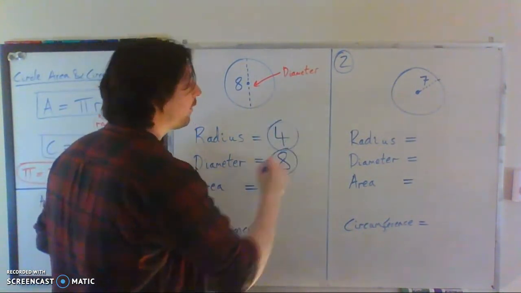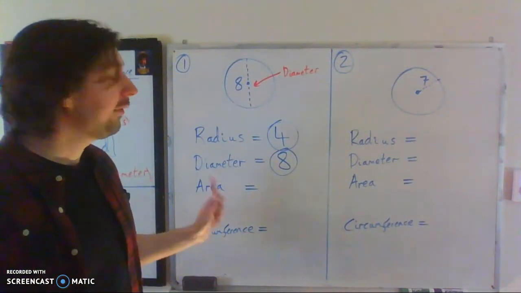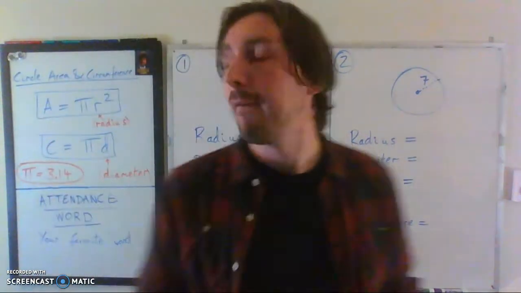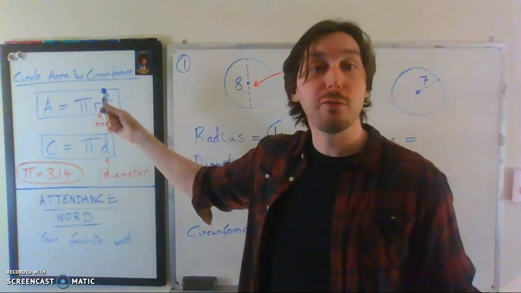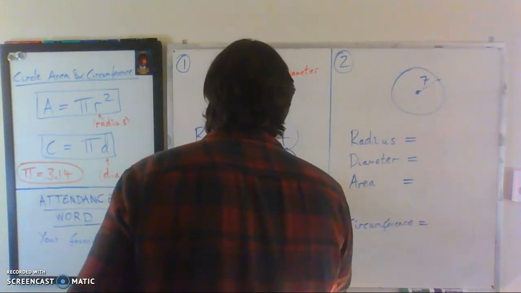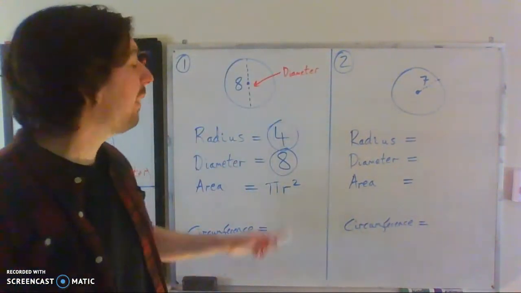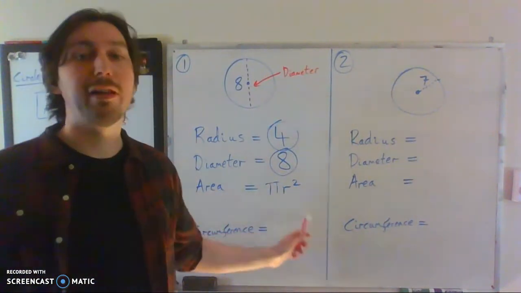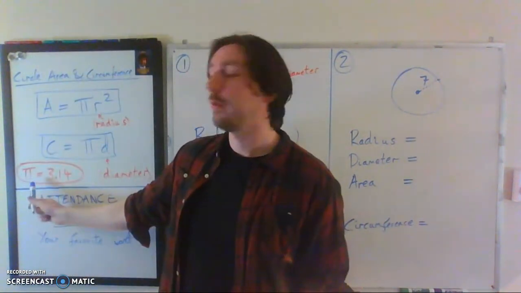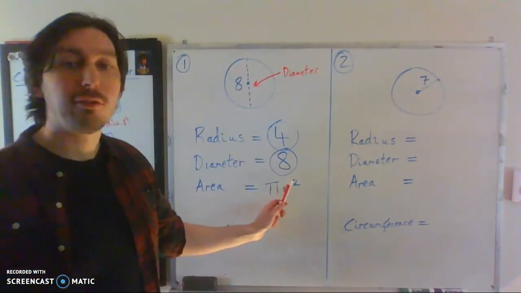Now, let's go on to the stuff that needs the formulas, area and circumference. Area is pi r squared, and you've got this at the top of your worksheet as well. All we have to do is type pi into your calculator, or replace pi with 3.14, and then multiply it by the radius squared.